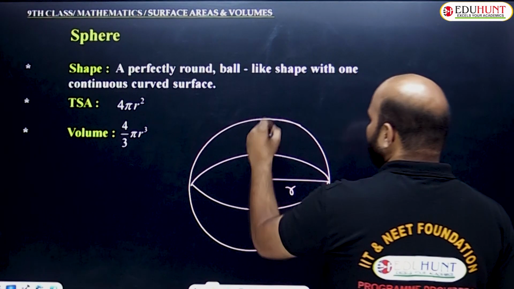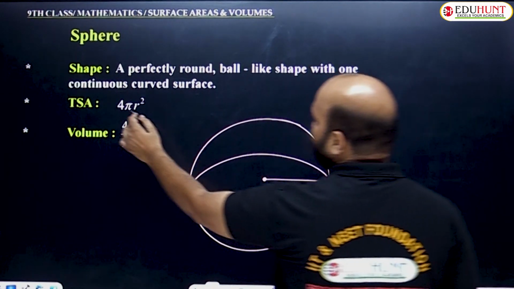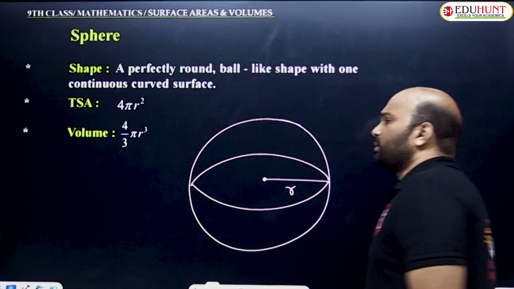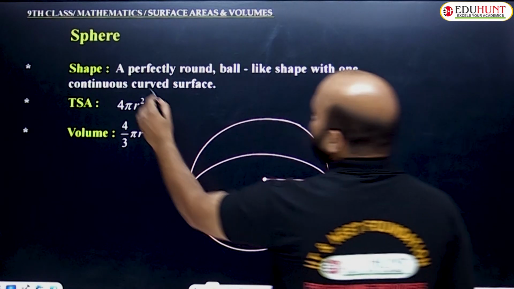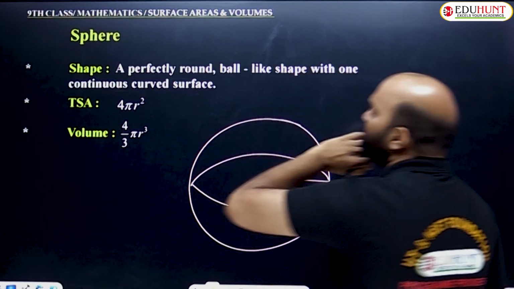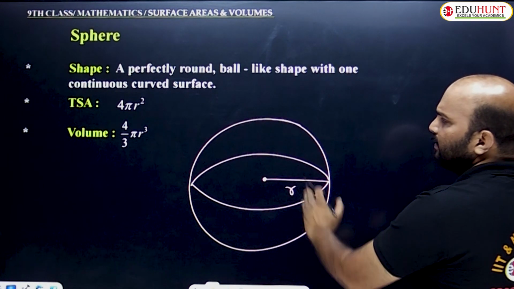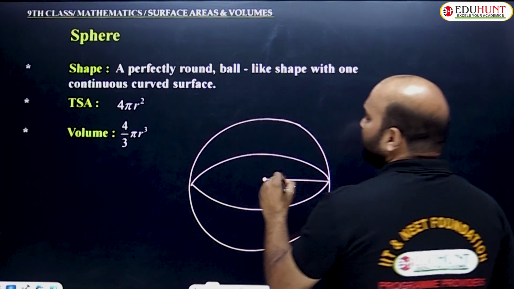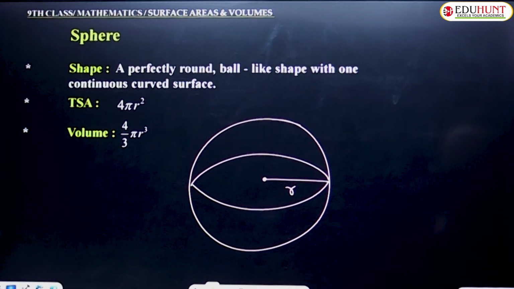So here height also equals radius. The total surface area formula is 4 pi r square. Volume equals 4/3 pi r cube. Am I clear? So what is the total surface area? 4 pi r square. Volume equals 4/3 pi r cube. This is very important.